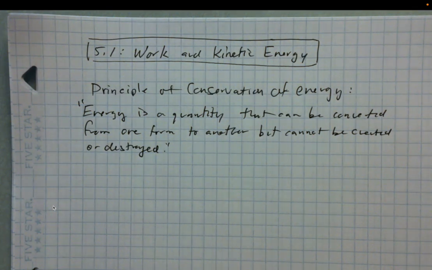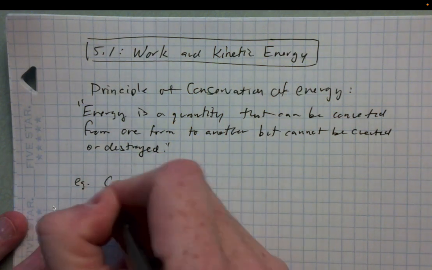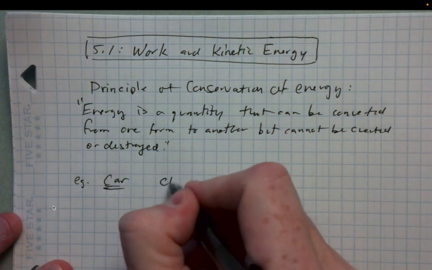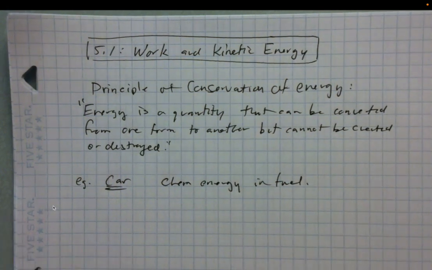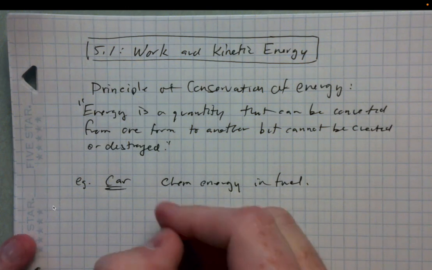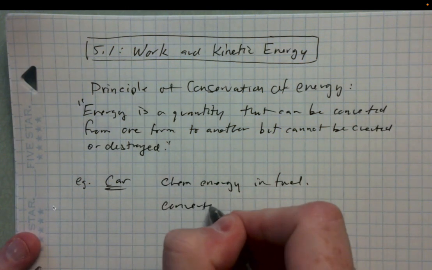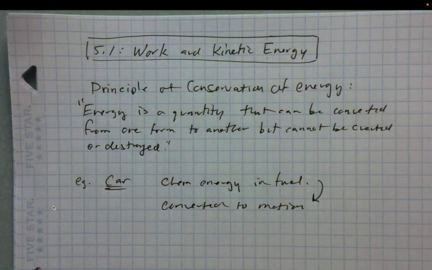Now, this whole idea of energy being converted from one form to another, a really good example is a car, like an automobile. Chemical energy is stored in the fuel. You push down on the gas pedal and the car moves. This chemical energy is then converted to motion. And then once the car's in motion, I want to slow the car down. You hit the brakes.